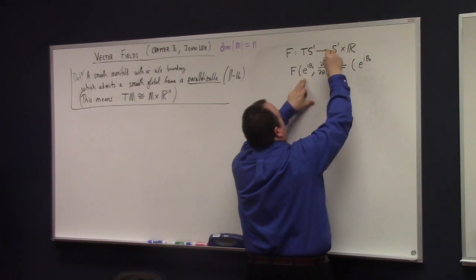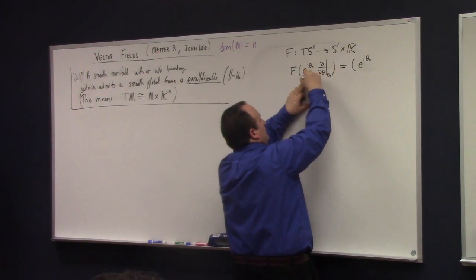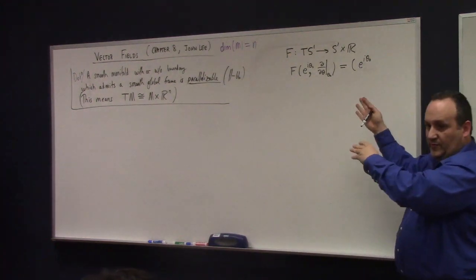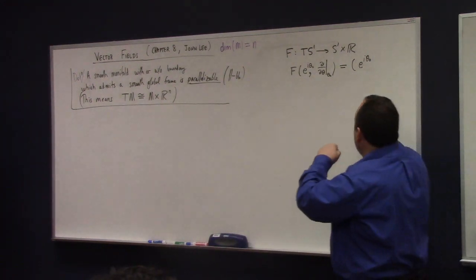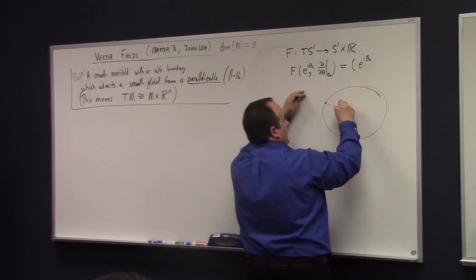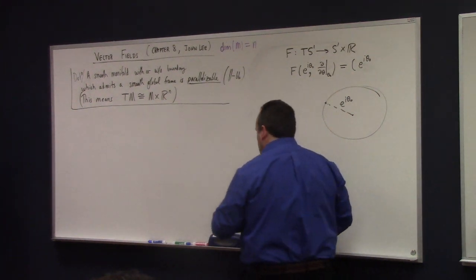A typical tangent vector doesn't just look like this; that's a special tangent vector. An arbitrary tangent vector to the circle at the point theta naught, what does the tangent space look like there?